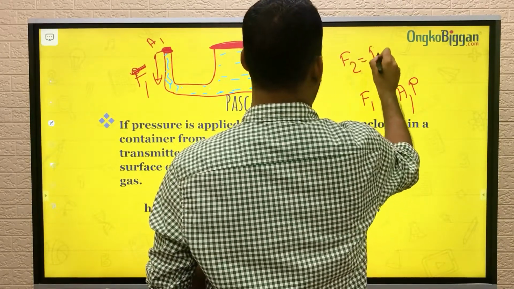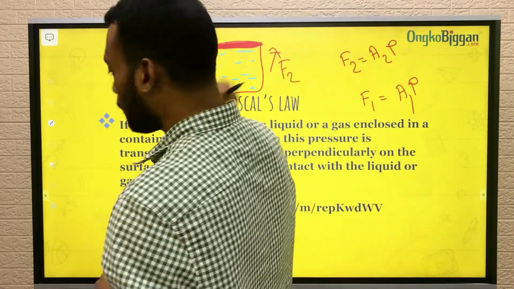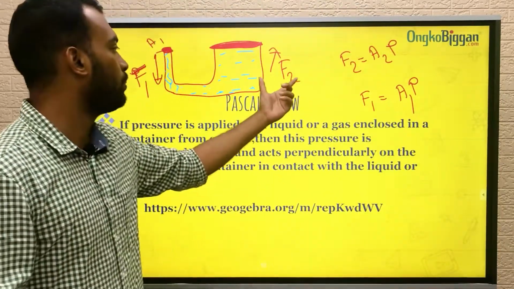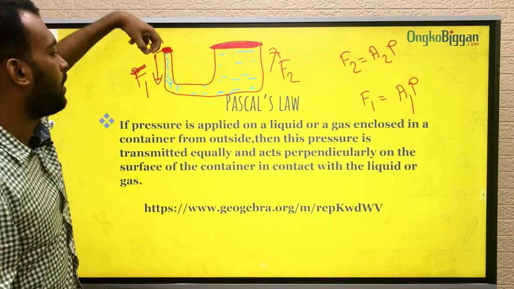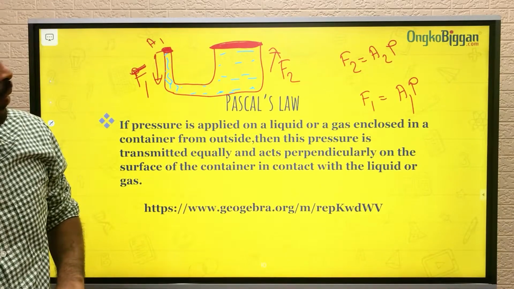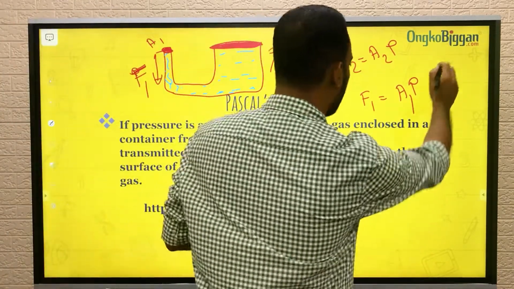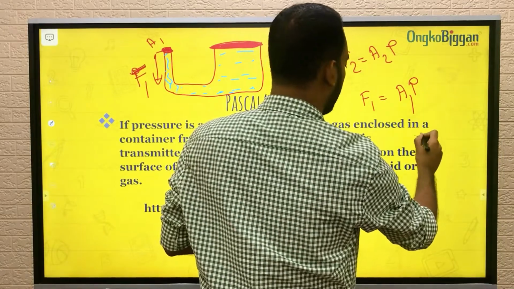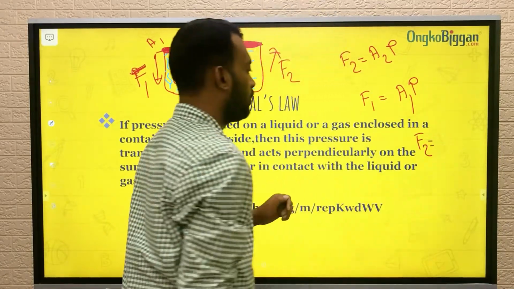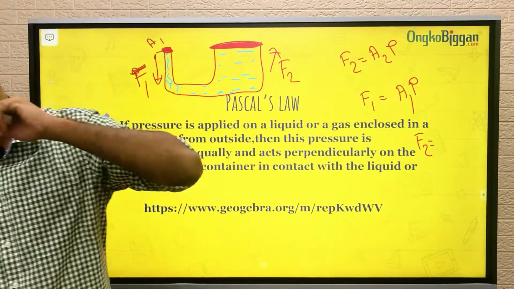F2 is equal to A2 P. Now this force F2 is because of the force F1 which we applied on this side.